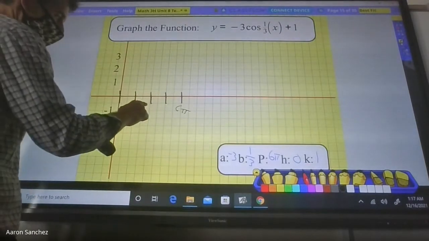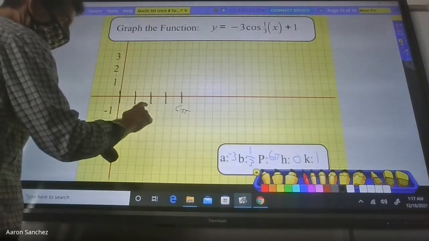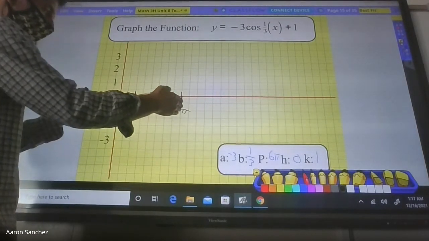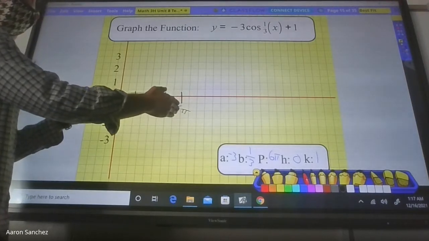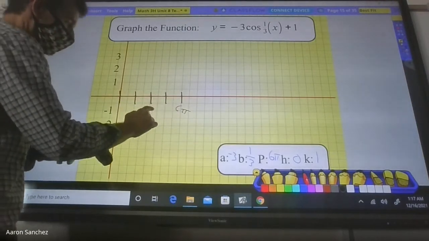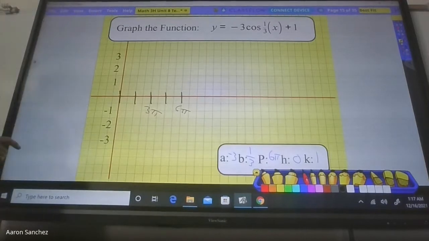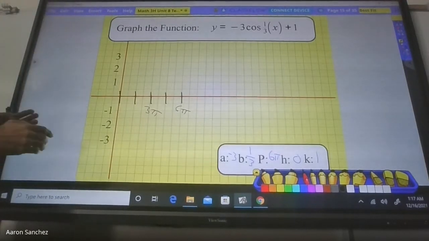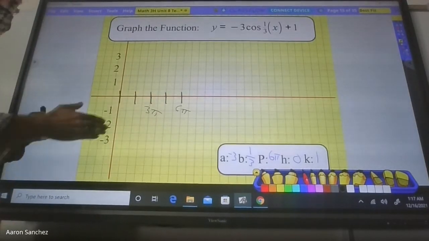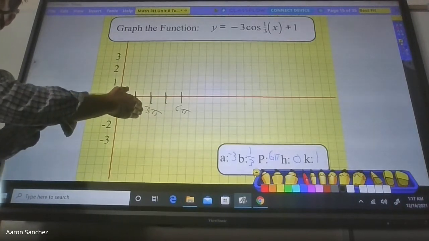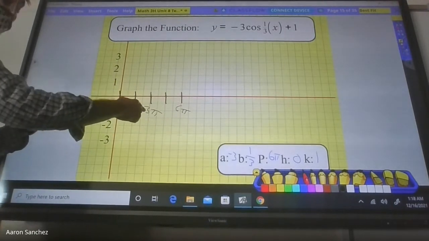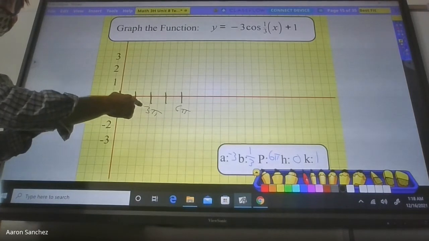So what's this going to be? In between, halfway? Is it 5 pi? Halfway between 0 and 6 pi. What's half of 6 pi? This is the middle, right? So half of 6 pi is 3 pi.